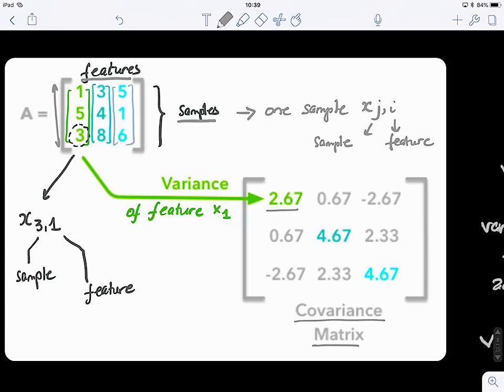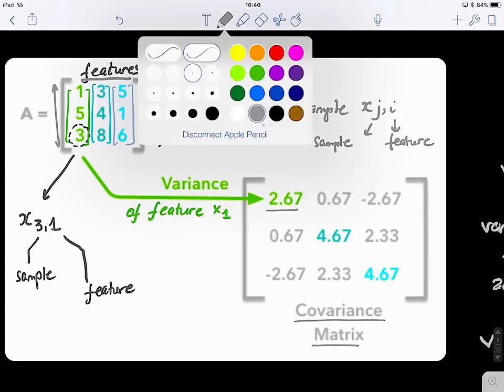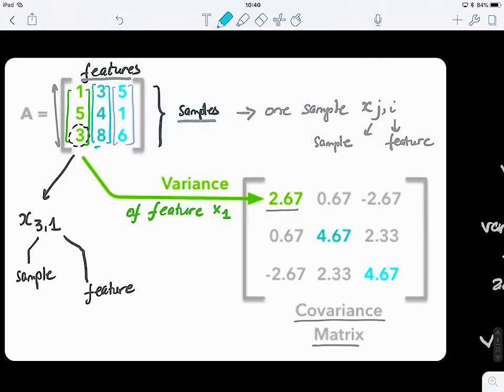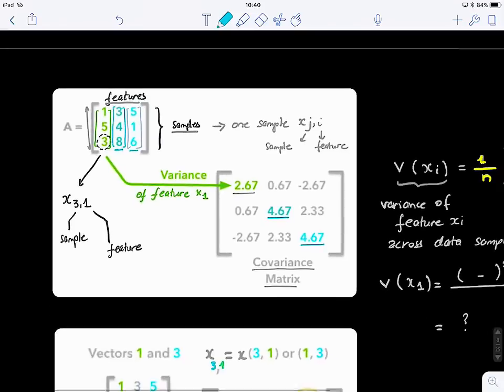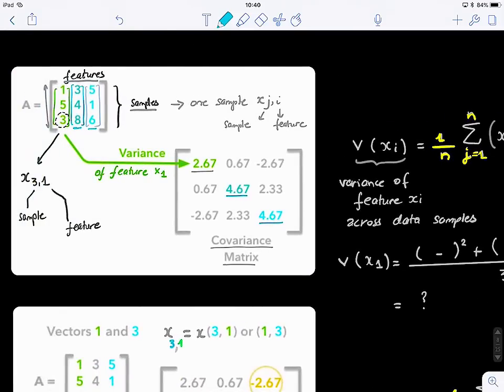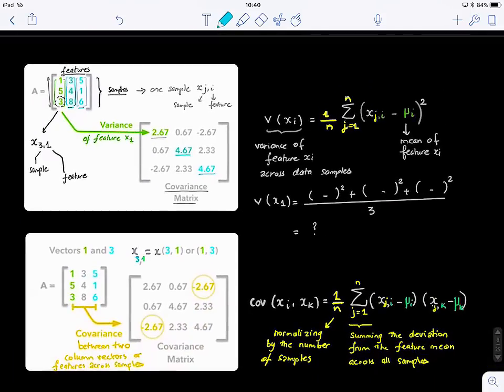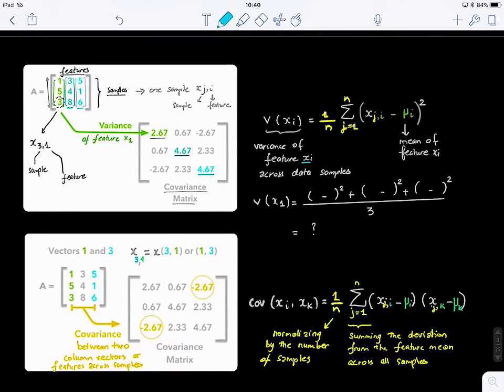Then we look at the second feature vector, and we compute its variance across all samples, and the third one, and compute its variance across all samples. So how do you get this? This is the formula. It's quite simple. The variance of feature xi across data samples, we sum over j. What is j here? j is the number of samples, and we normalize, dividing by the number of samples, the deviation from the mean.